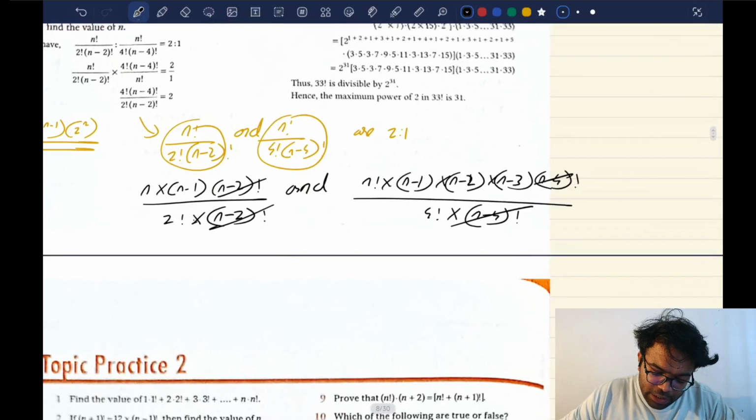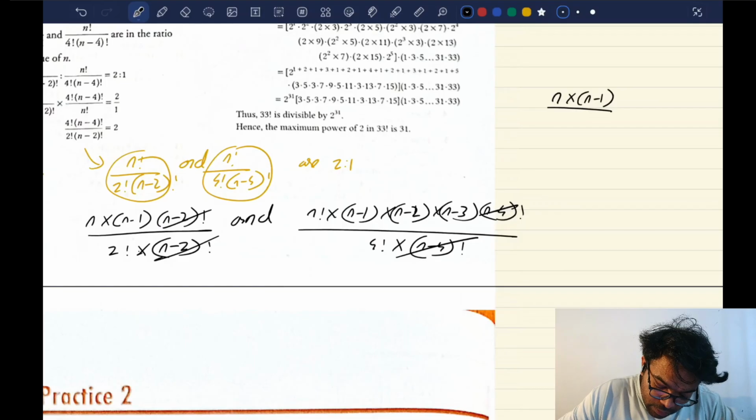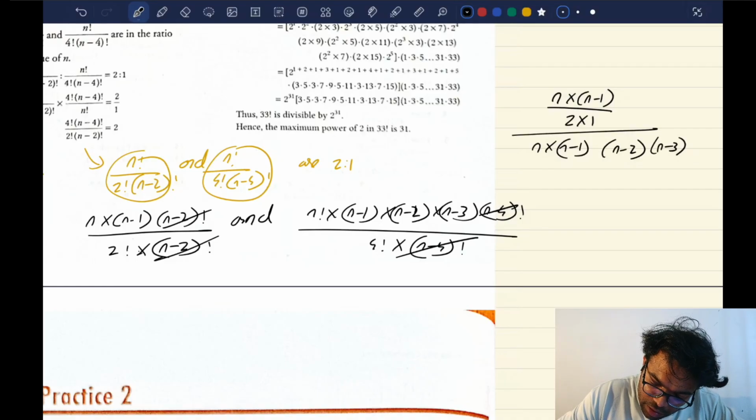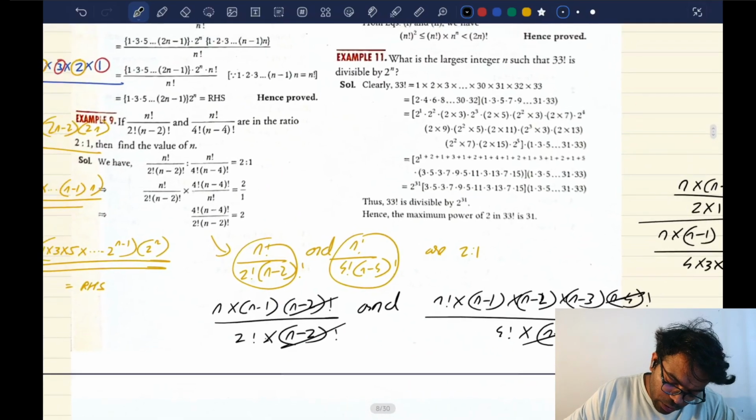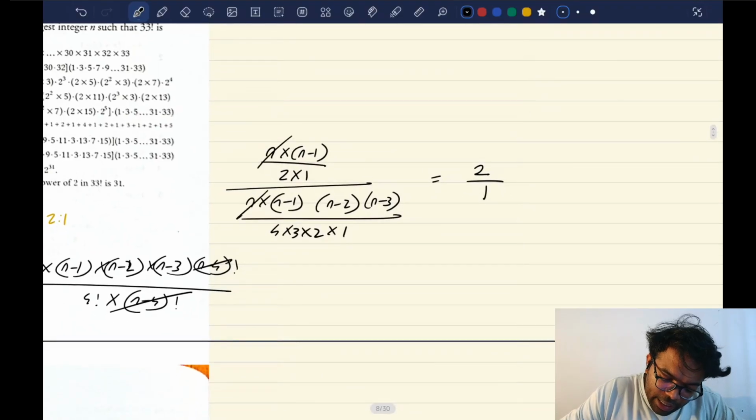So we need to check the ratios. What are the ratios that are left? In the top you have n into n minus 1 upon 2 into 1, that is 2 factorial is 2 into 1, the whole upon n into n minus 1 into n minus 2 into n minus 3 upon 4 into 3 into 2 into 1, and the ratio is 2:1 is equal to 2 upon 1. n and n gets cut off, n minus 1 n minus 1 gets cut off.